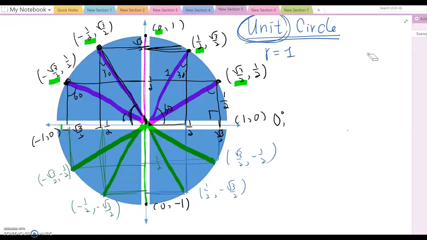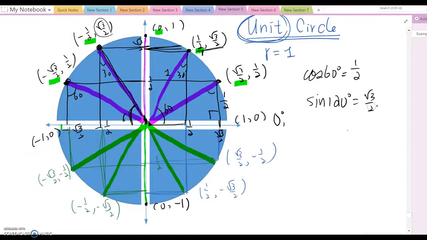So, if I ask, what is cosine 60? Then you need to go to this ordered pair and find the x value, which is 1 over 2. That should be the answer. What is sine 120? Then you just go to 120 degrees and read the y coordinate. So 30, 60, 90, 120. So root 3 over 2.